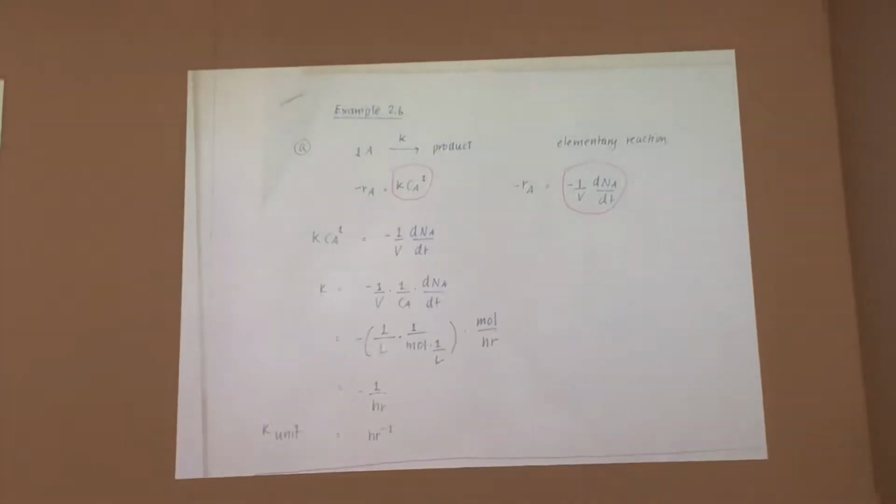Because if the order of reaction is 2, it will be another unit. In the future, you have to be able to predict the order of this reaction. Then you can say that because the unit of K is 1 per hour, therefore the order of reaction is 1.